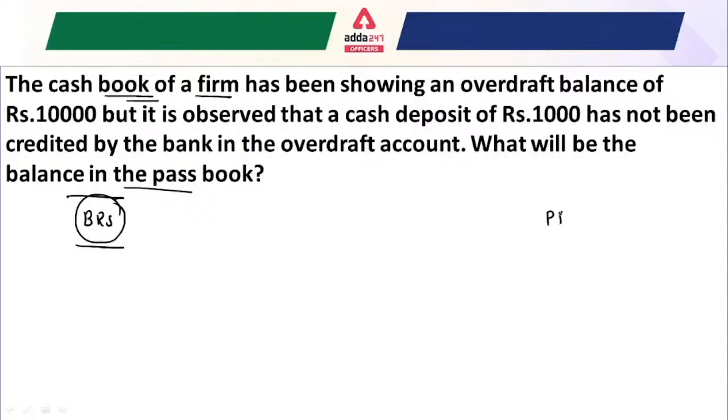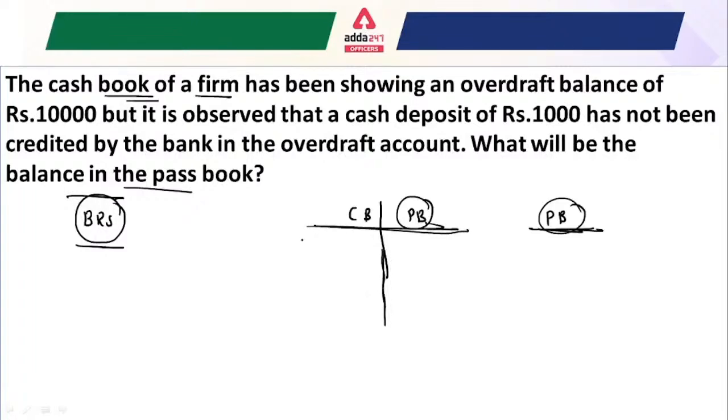So just write here passbook, and make a table with cash book and passbook. We are solving for the balance in the passbook, so circle this passbook here. And now you have to move forward with the conditions given.